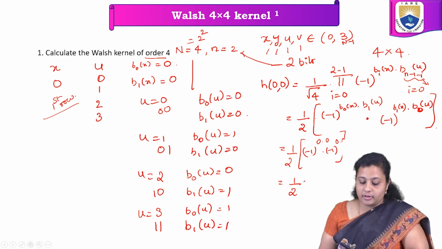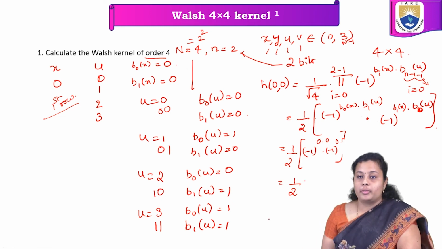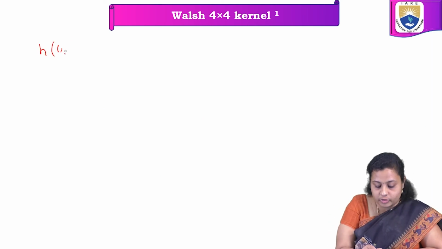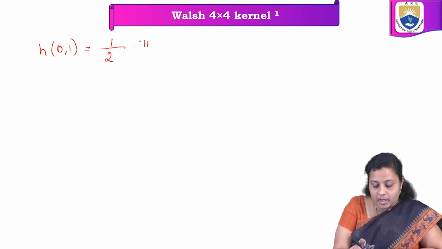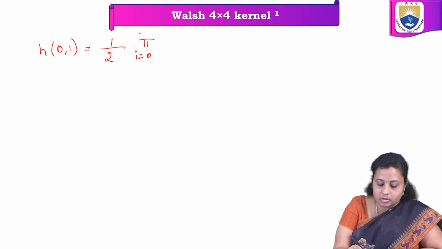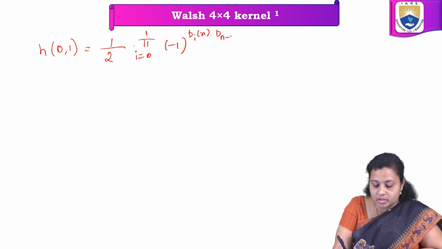So similarly, we can calculate for h01. That will turn up to 1 by 2 into the product for i equal to 0 to n minus 1 of minus 1 power b_i of x into b_(n minus 1 minus i) of u, right?